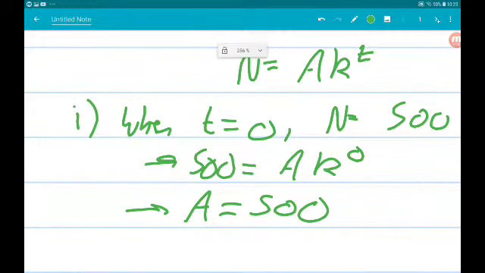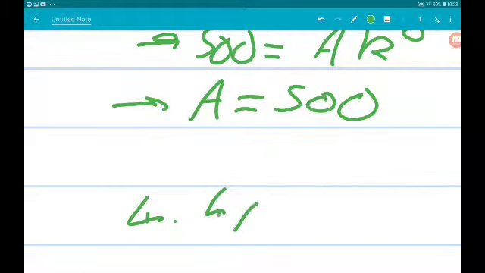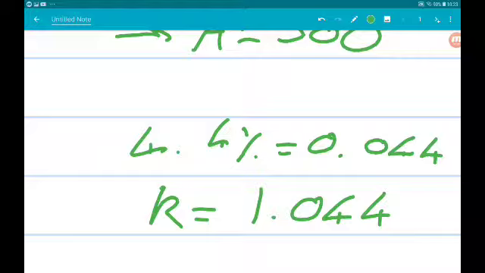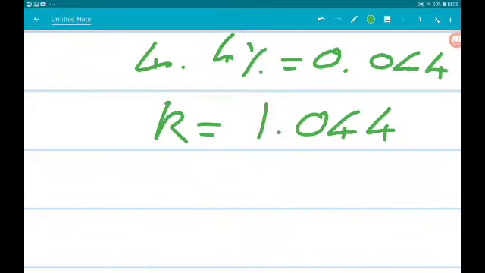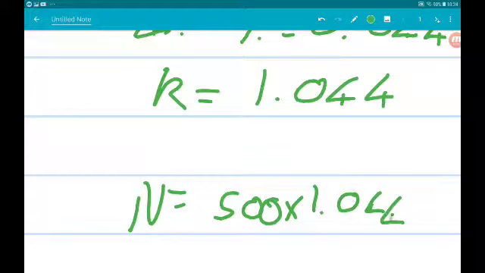Now k is going to be our decimal multiplier. 4.4% is 0.044, so k is 1.044. So n is 500 times 1.044 to the power t. Cool.